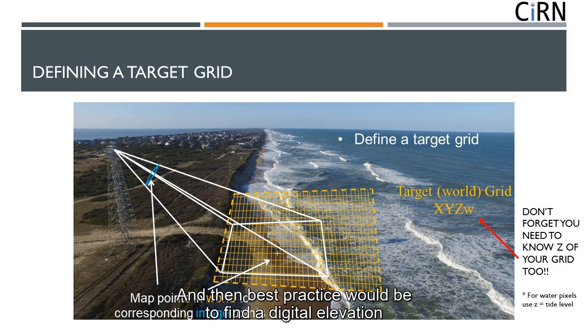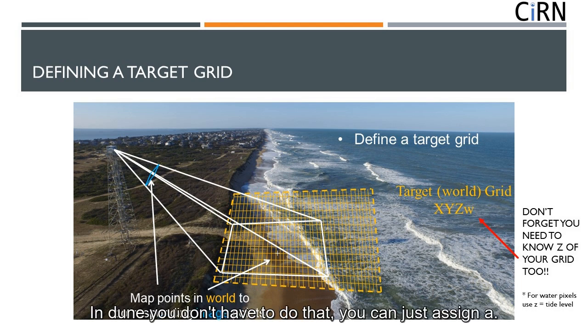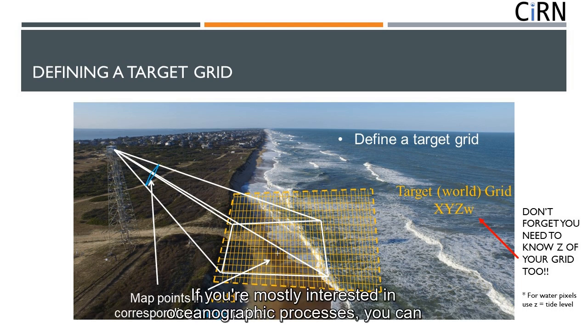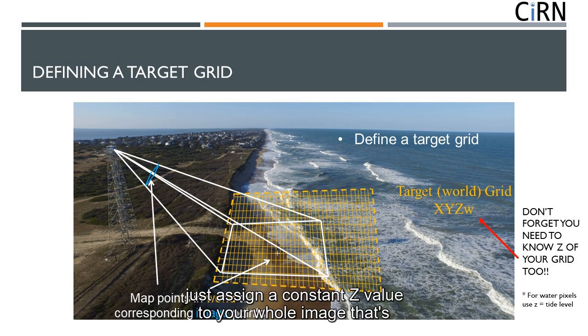Best practice would be to find a digital elevation model of your stretch of coast and extract rough Z elevations for your beach and dune. You don't have to do that. If you're mostly interested in oceanographic processes, you can just assign a constant Z value to your whole image that's equivalent to the tide.